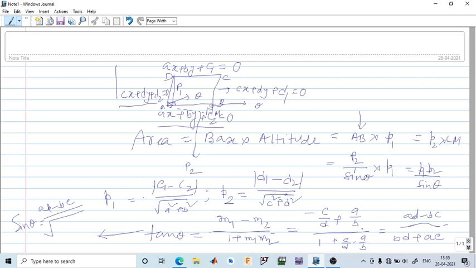It will be like this: the modulus over the root of a square plus b square into c square plus d square under the whole root. This is the sin theta.